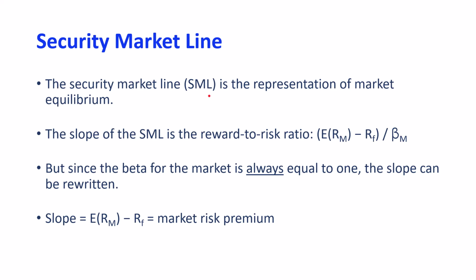So we have the security market line as the representation of the market equilibrium, and the slope of the security market line is the expected return of the market minus the risk-free rate over the beta of the market. But since the beta of the market is 1, the slope of the line is the market risk premium.